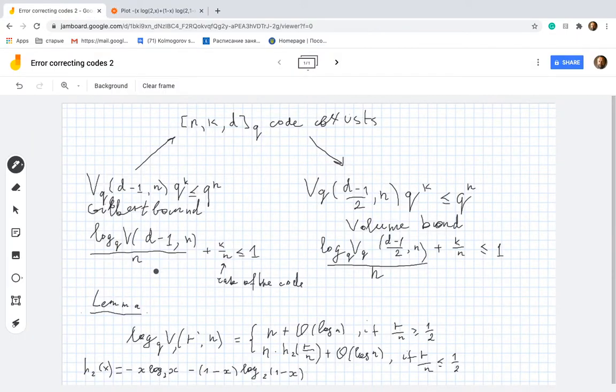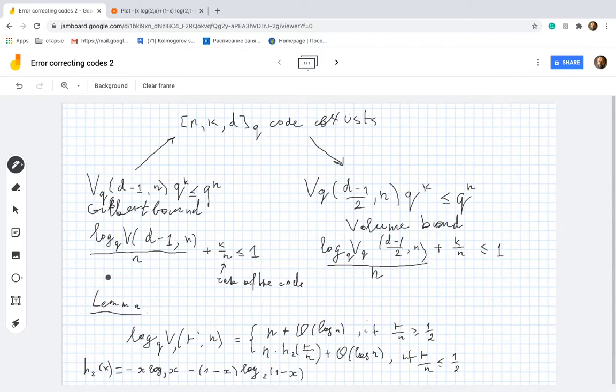So that means that for the first bound, if d, well, let's rewrite both bounds using the Shannon function.